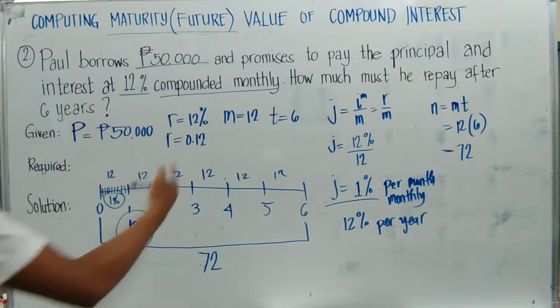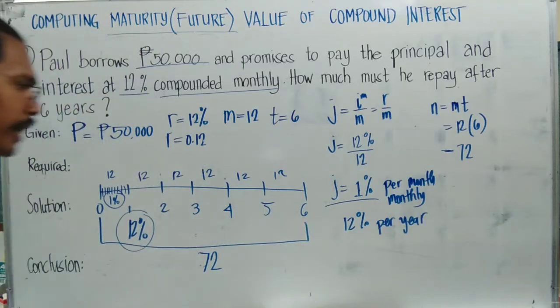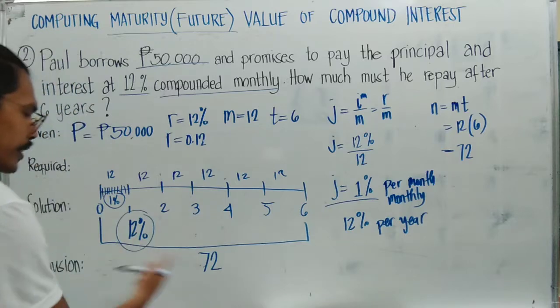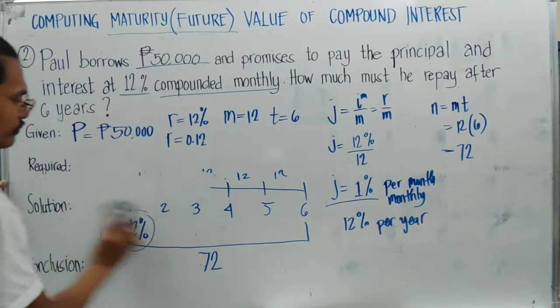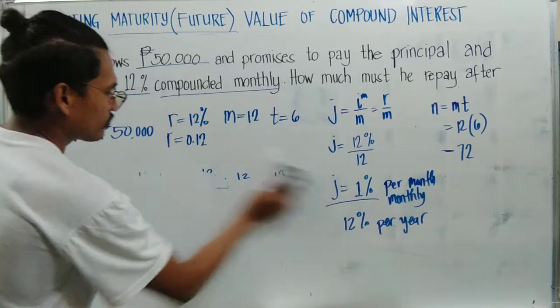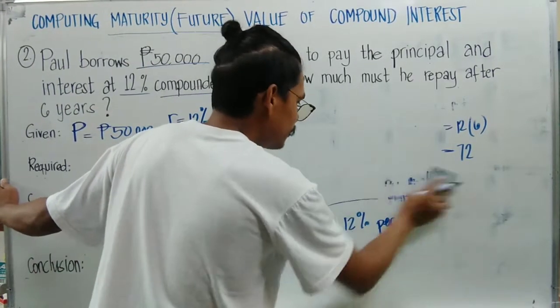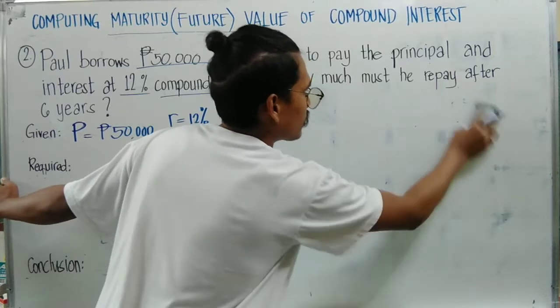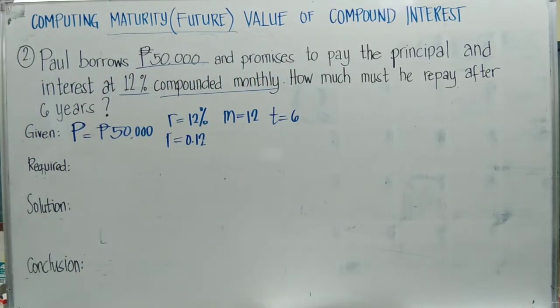So that is the difference between the nominal rate and the rate per conversion, and the total number of conversions, 72. Okay, so I guess that you understand the concept. Now let us proceed to the main agenda of your situation or problem.